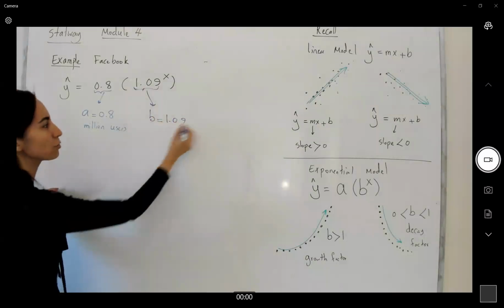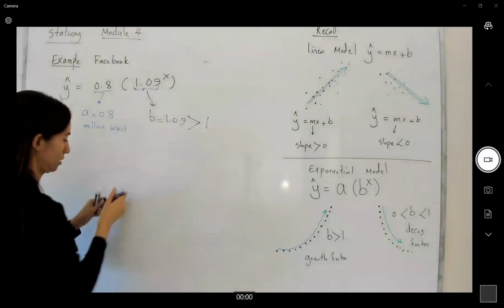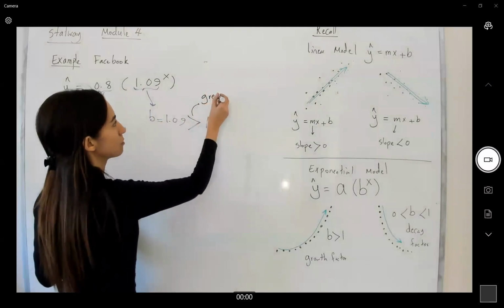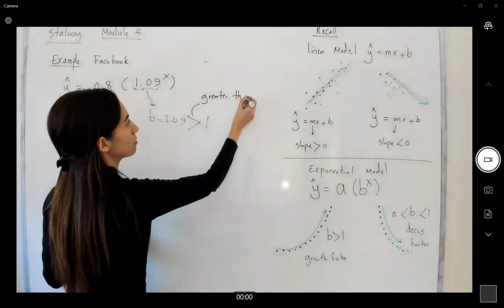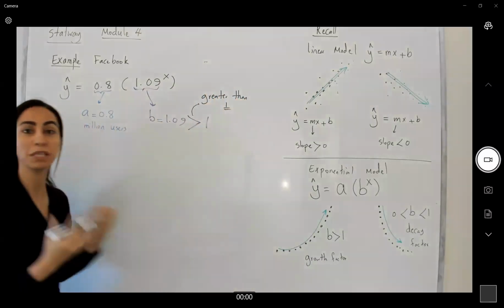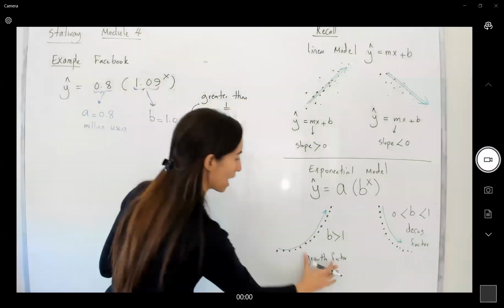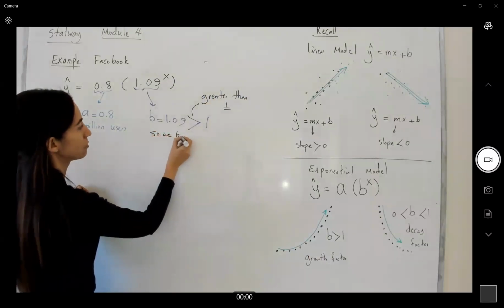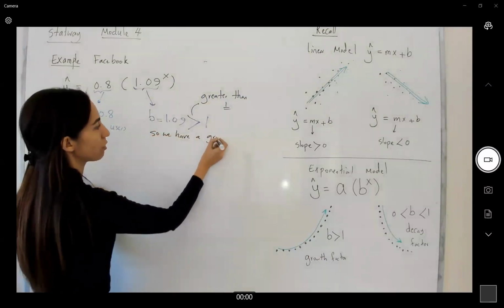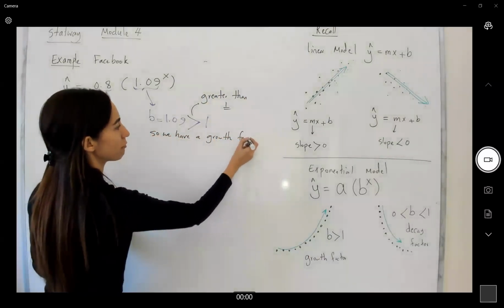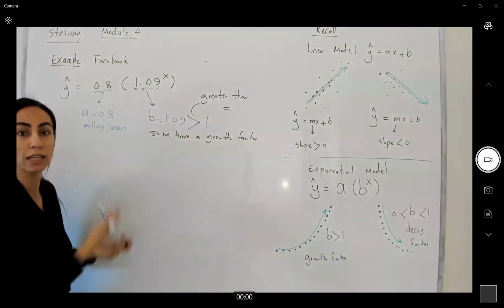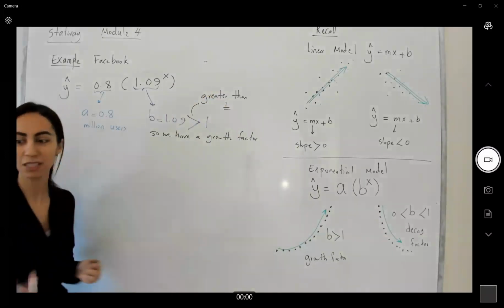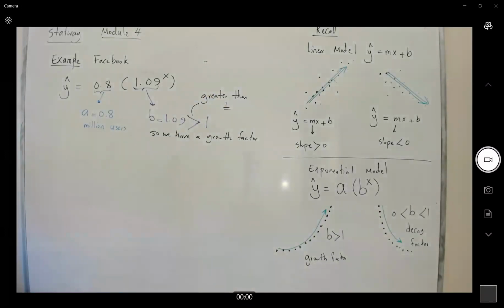So as you can see, your b is greater than 1. What's the meaning of that? It means that we have a growth factor. What's the meaning of that? It means that we should have an increasing trend, which we saw in our scatter plot.